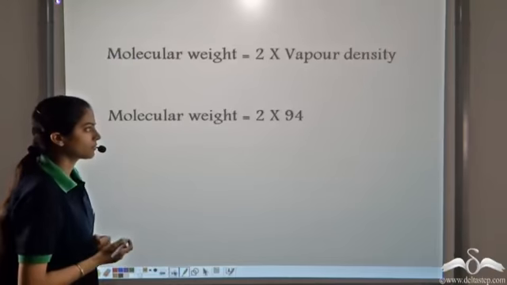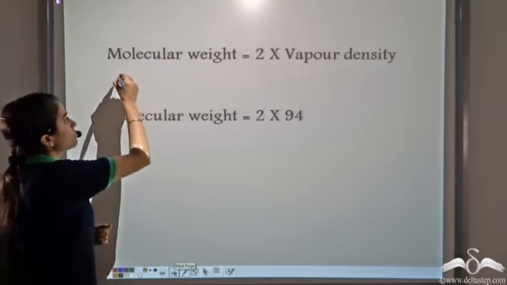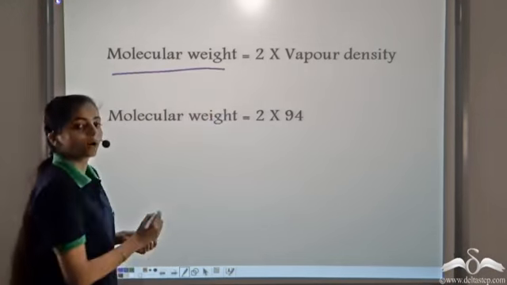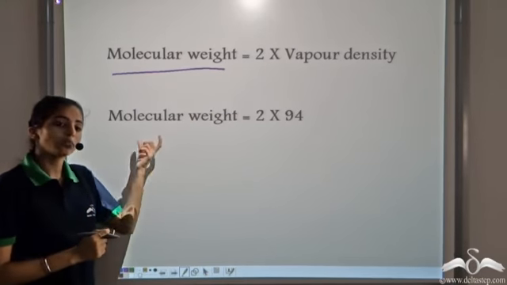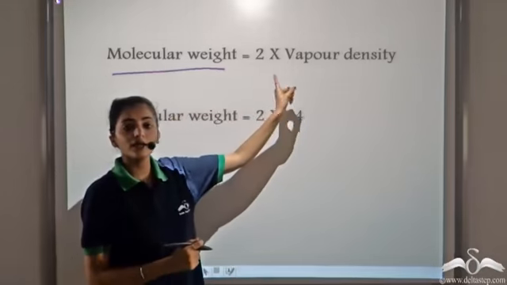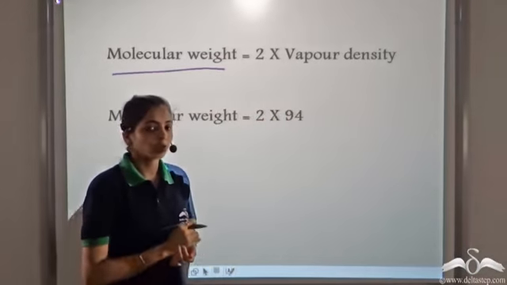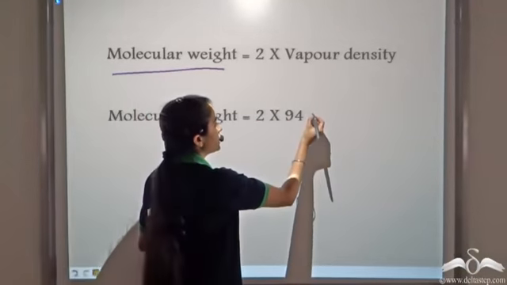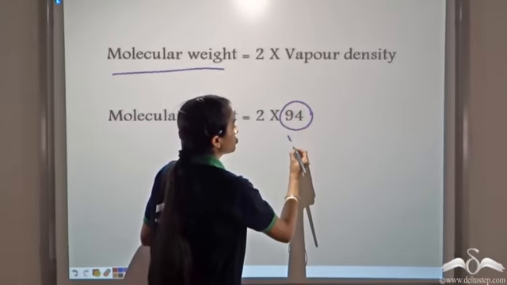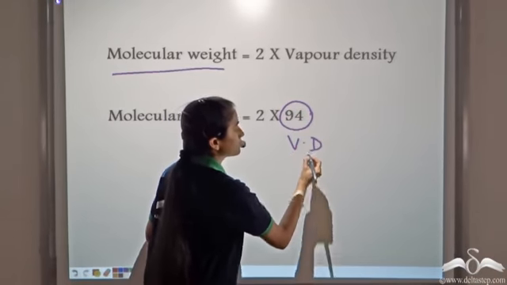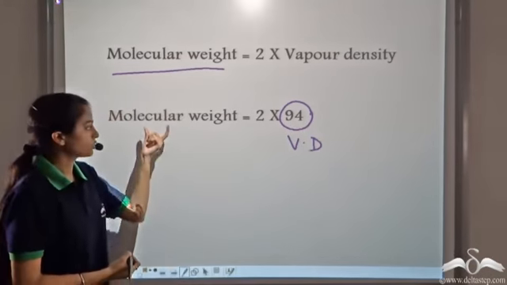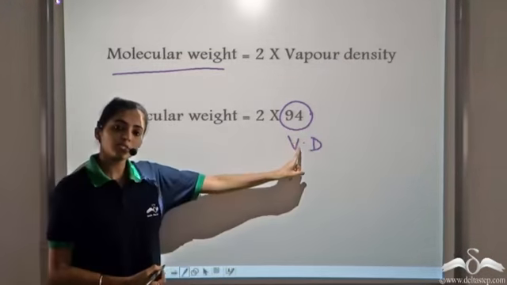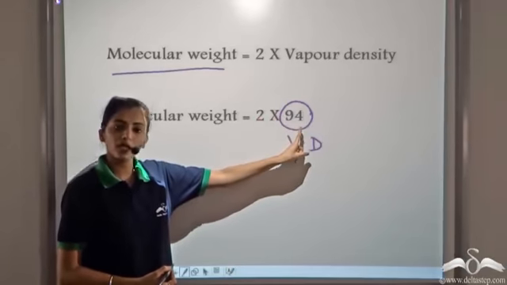Now, we know that the molecular weight of any compound can be calculated by doubling its vapor density. So the molecular weight is twice the vapor density. In the question, we are given that the vapor density of the compound is 94. So from this, we can get the molecular weight of the compound. So the molecular weight becomes 2 times the vapor density, that is 2 times 94.